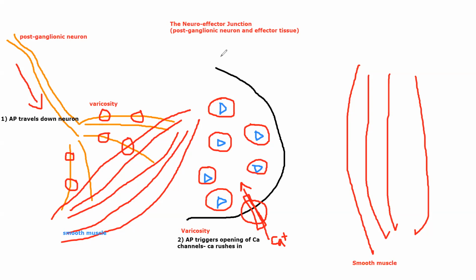And so the third part of this is that the calcium rushes in and it triggers the release of these synaptic vesicles via exocytosis. And so these neurotransmitters are dumped into the cleft, okay?